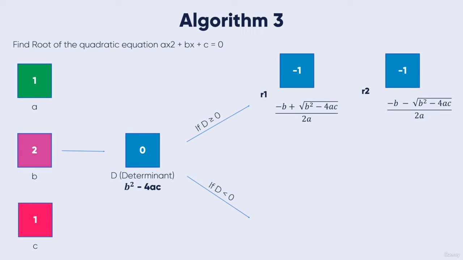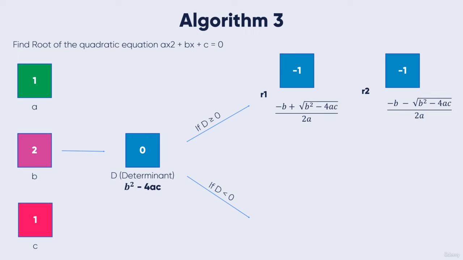So, if d is greater than or equal to 0, there are two real roots. Or if d is less than 0, we will see complex roots. So, if d is greater than or equal to 0, then create two other variables, r1 and r2.